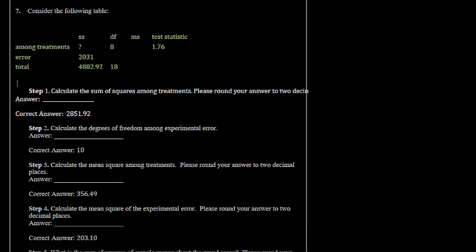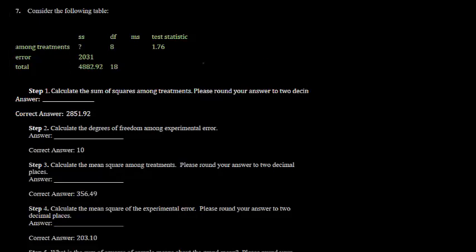That's better. Calculate the sum of squares among the treatments. Please round to the nearest answer. So here's the sum of squares, here's among treatments. I'm looking for this question mark right here. Let's call this x. So x is going to be equal to the total sum of squares minus the sum of squares of the error.